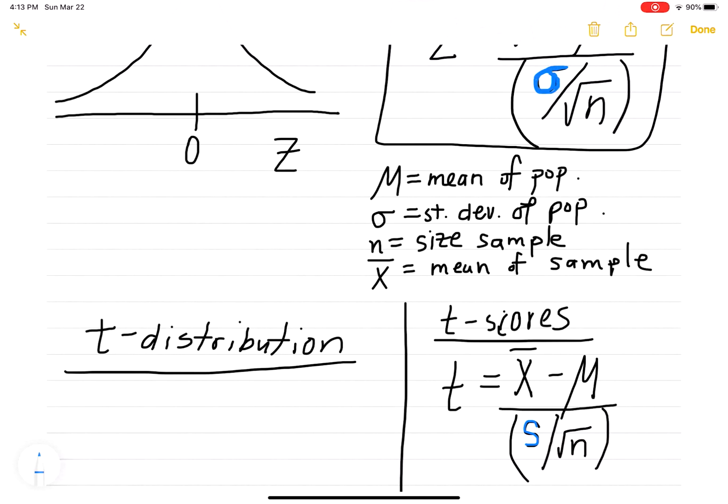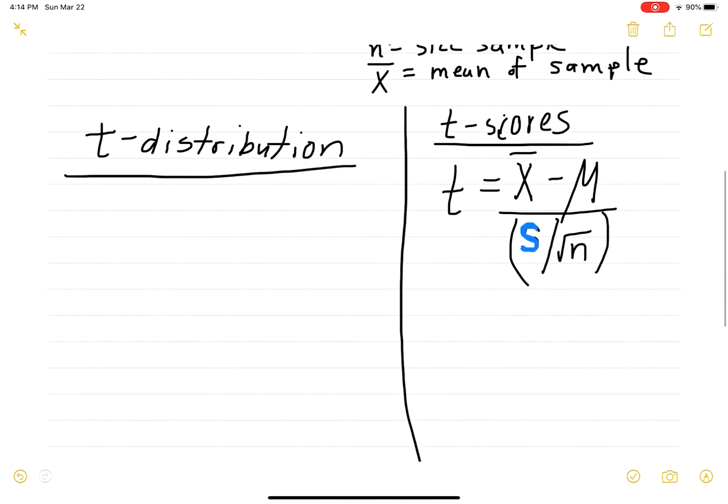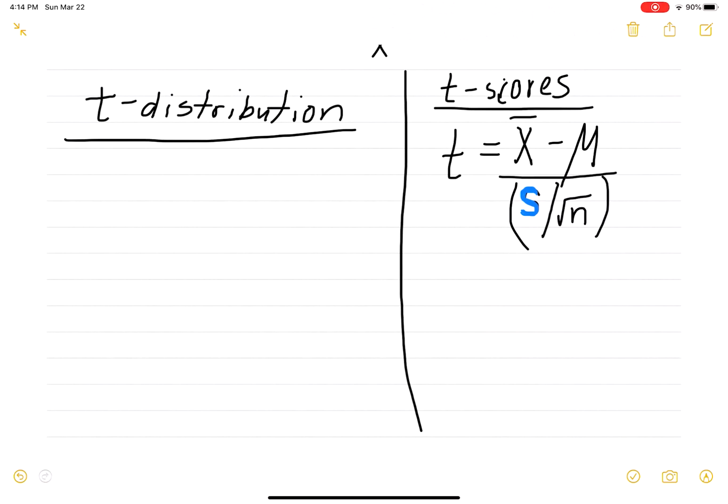If you have a whole entire population out there, a lot of times it's difficult to collect the data from the entire population and then compute the standard deviation of the whole population. So what we often do is just take a sample and compute the sample standard deviation, which is always doable if you have a sample. So this t-value is the sample mean minus the population mean, over the sample standard deviation divided by the square root of the sample size.